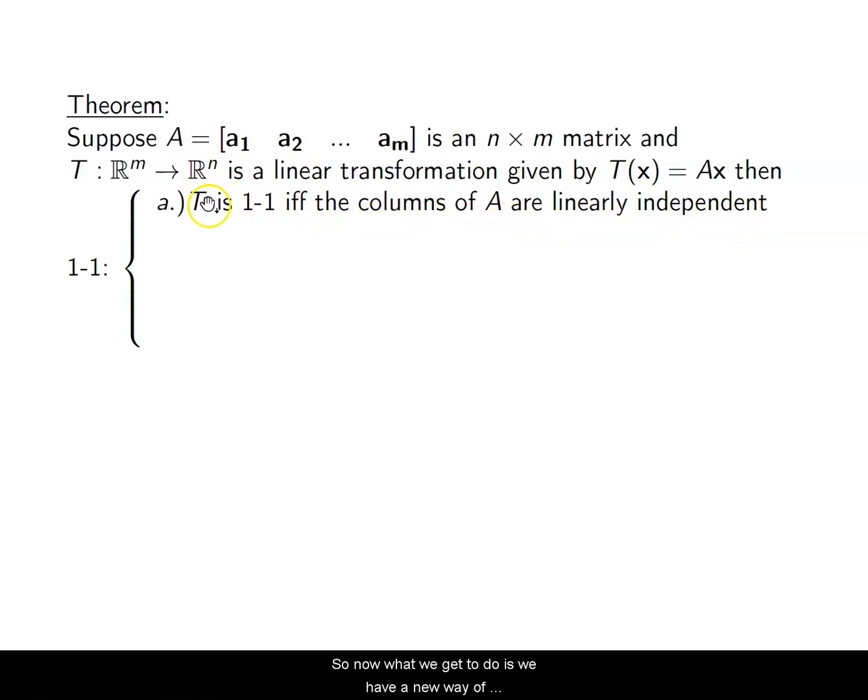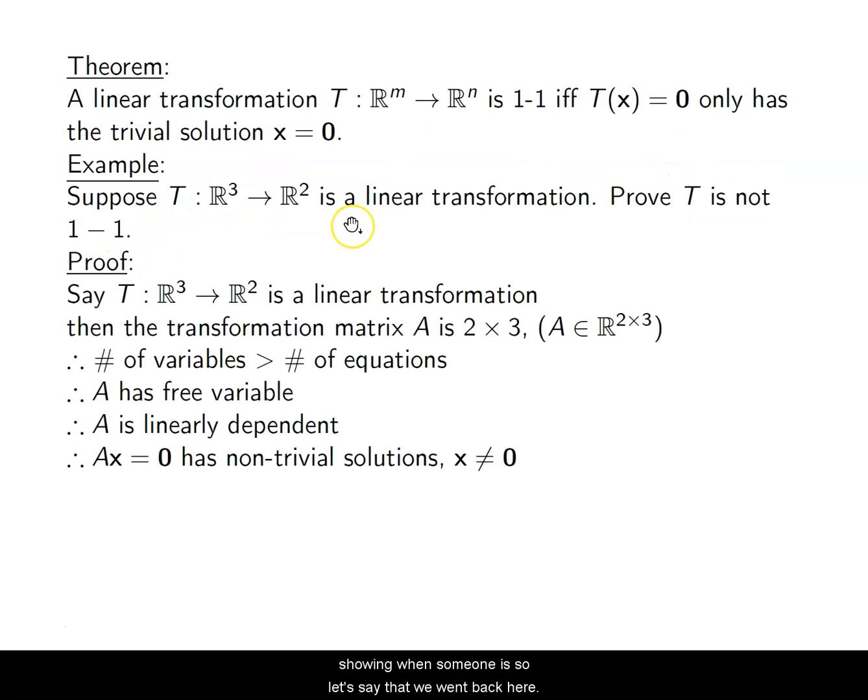So now we have a new way of showing one-to-oneness. Let's say that we went back here, okay? And I needed to prove this again. I can now prove this a different way, because since this is a 2 by 3 matrix, I have 3 column vectors that each have 2 elements in them. That means I have 1 extra vector, right?